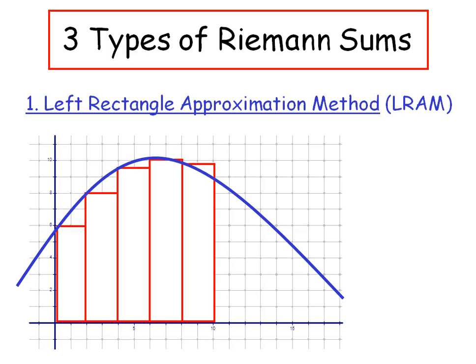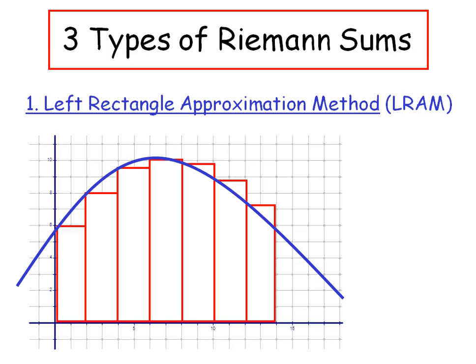Now as the curve starts to decrease, here's our next rectangle. Once again the top left-hand corner of the rectangle touches the curve, and the base is 2 units, going from 8 to 10. The height is where the left-hand corner touches the curve. This time part of the rectangle is above the curve. Same thing on the next rectangle, and the last rectangle.